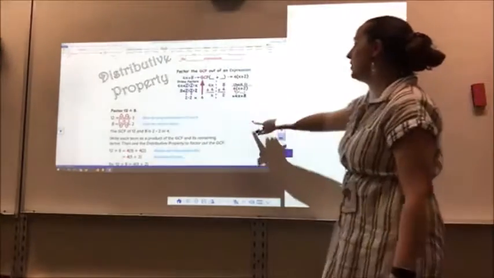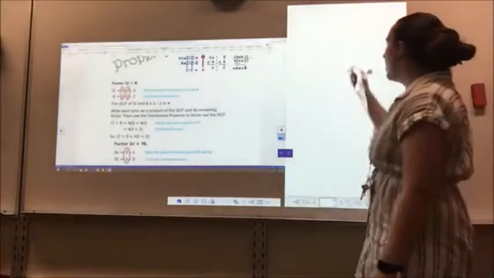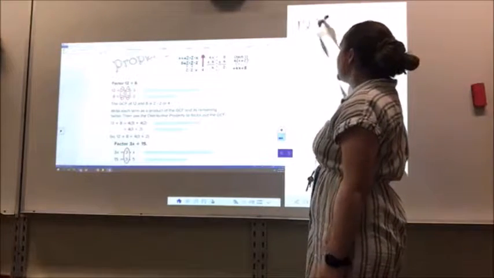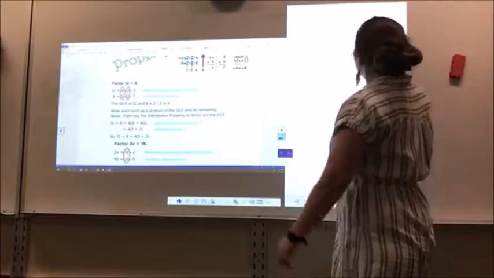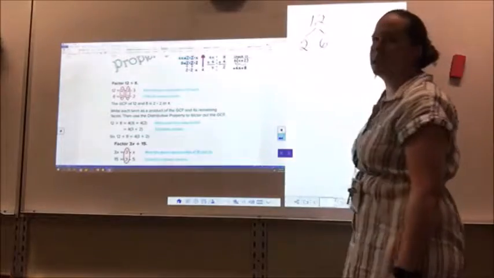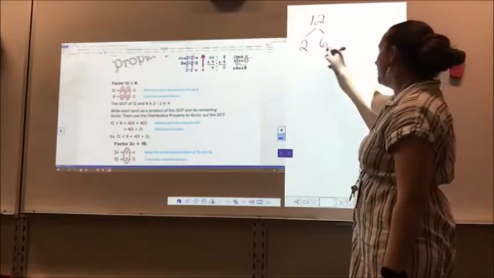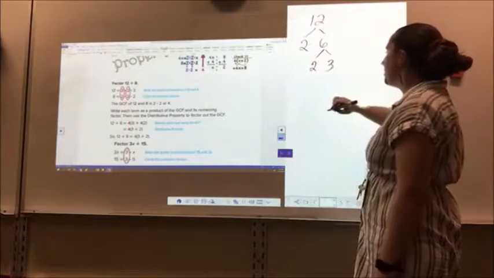All right, so let's look at one of the examples we have. It says factor 12 and 8. So what I can do is actually create either a factor tree or I can list out all the factors. So the factors for 12, I can say 2 times 6 is 12. 6 isn't prime though, it's a composite number. 6 is equal to 2 times 3.